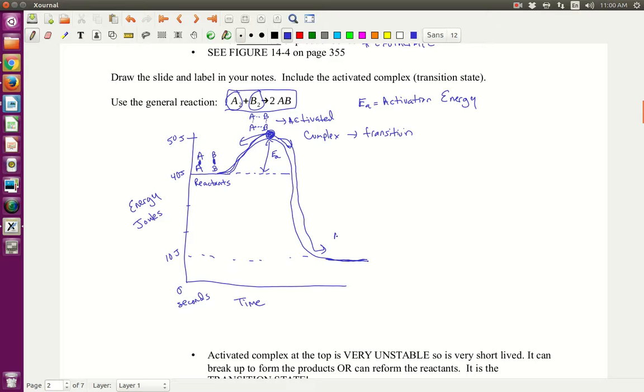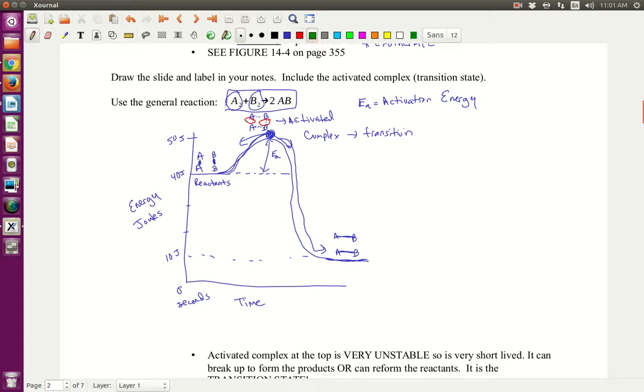And so I'm going to draw the A's and the B's again, just exactly in the same place that they were at the very beginning of the reaction. But now I have broken the bonds between the A's and the A's, and I've made bonds between the A's and B's. So notice here, in the transition state, these bonds are breaking. So they're not here. There's no bond right there between the A's and the B's.